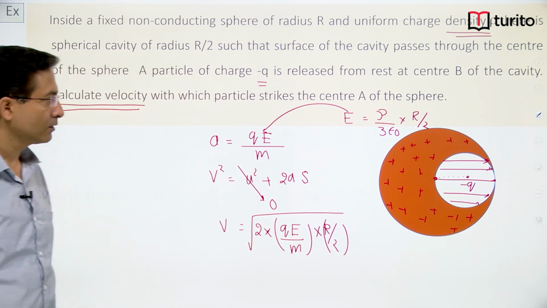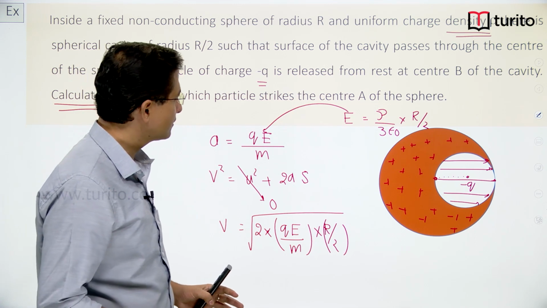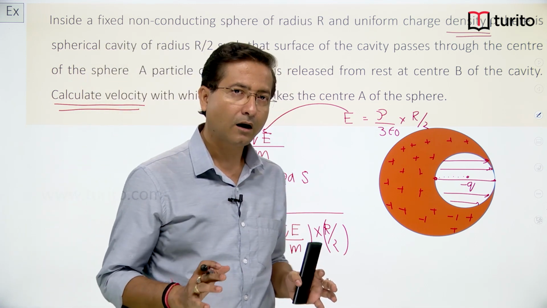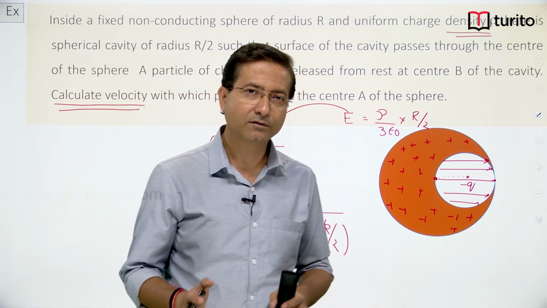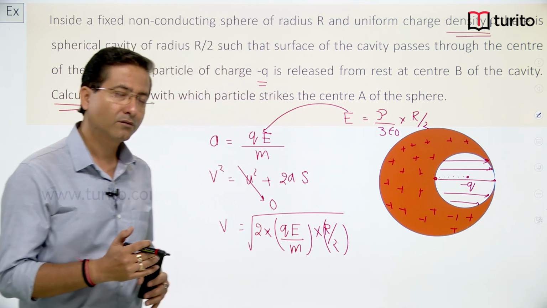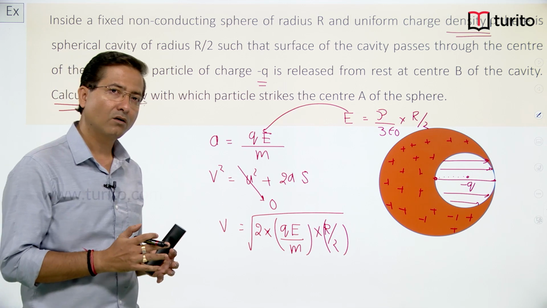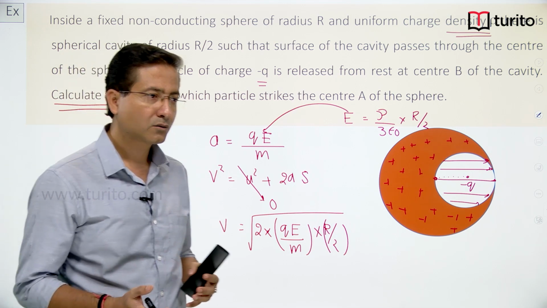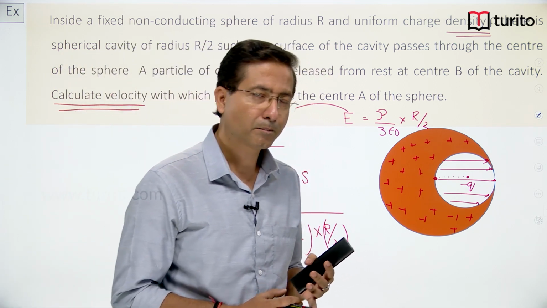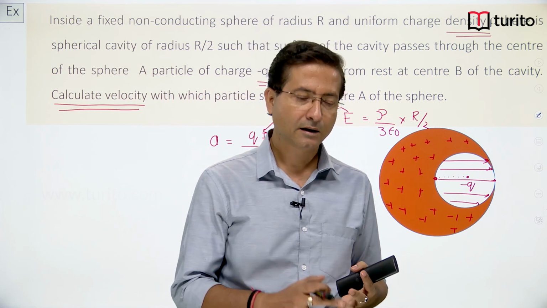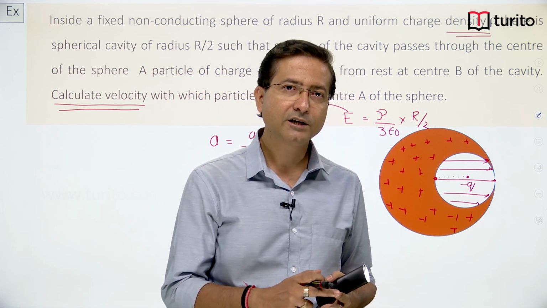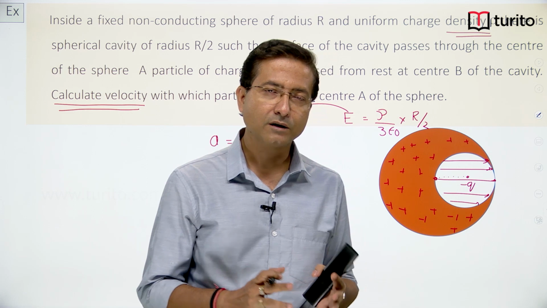So today we have discussed how the particle will move inside the field, and we talked about the field due to various distributions like hollow sphere, solid sphere. So till now we have covered particle, ring, disc, sheet, hollow sphere, solid sphere.